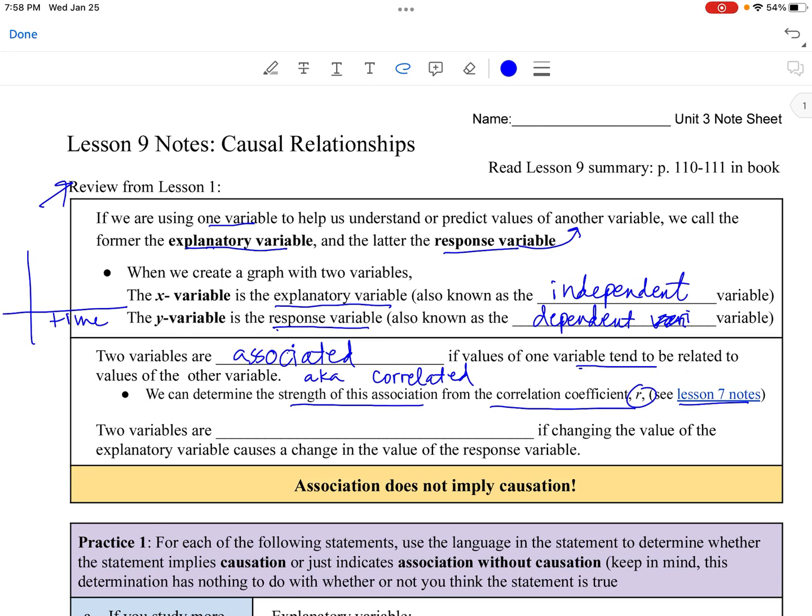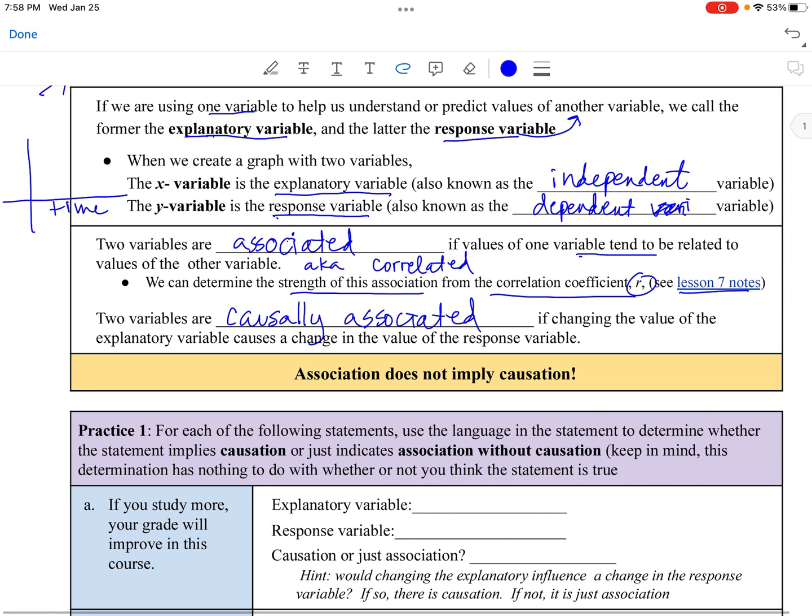Now, a new term: two variables are causally associated if changing the value of the explanatory variable causes a change in the value of the response variable. We're going to look at some examples of that to see if we can determine some causally related variables.